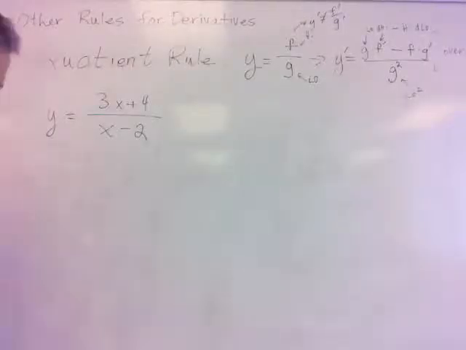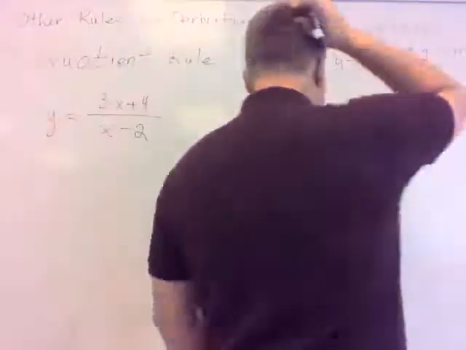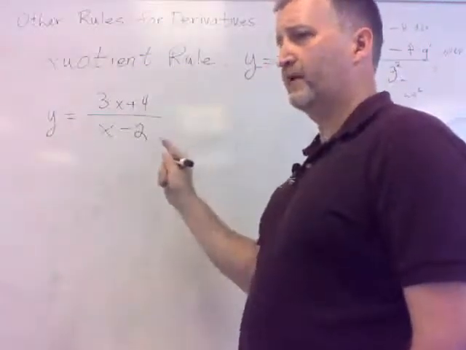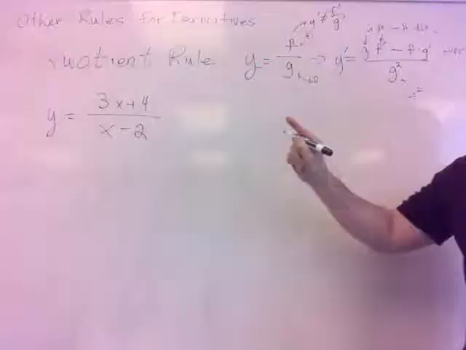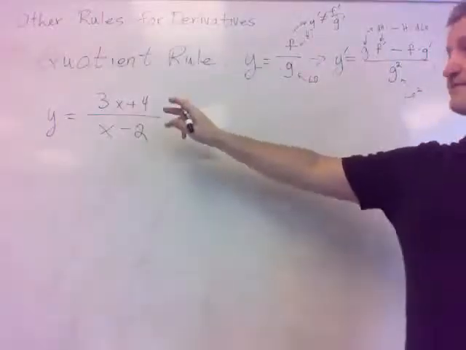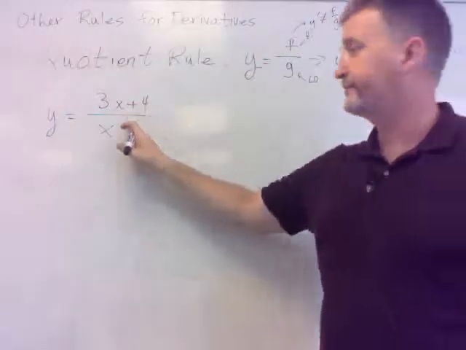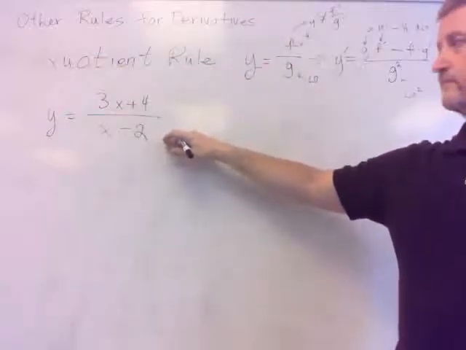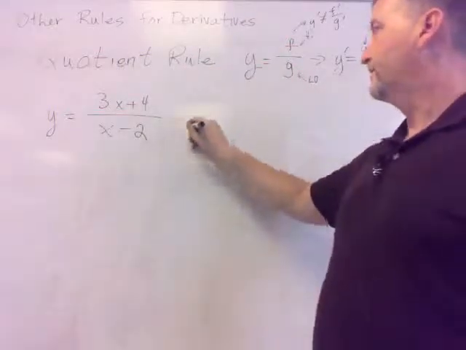There are tricks I could use, but this one is a good candidate for my quotient rule, isn't it? Because I've got a top function over a bottom function. I've got a high over a low. So I'm going to use the quotient rule.